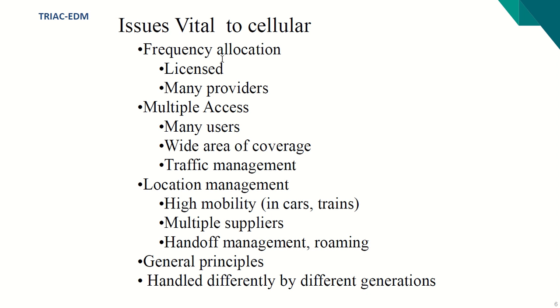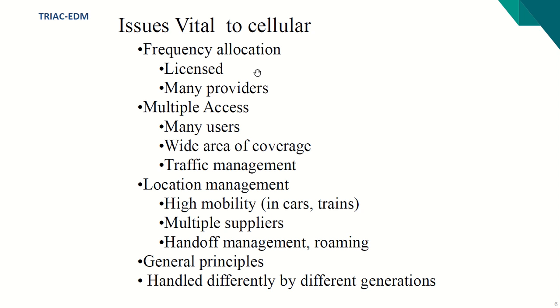So frequency is very limited by nature, because frequency by itself is a physical entity that is limited. So frequency allocation will be a big issue if we want to accommodate a lot of applications and people. And also it could be licensed or unlicensed.